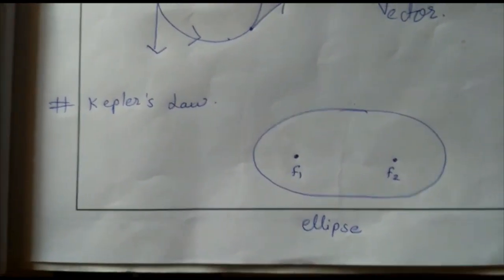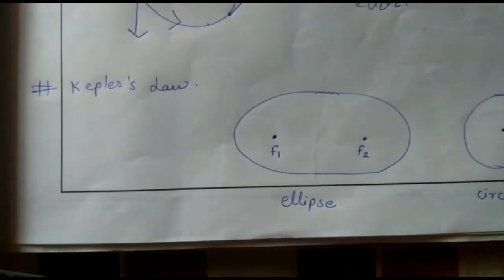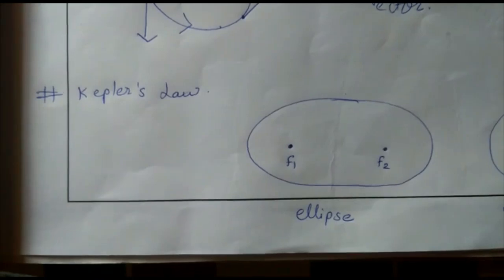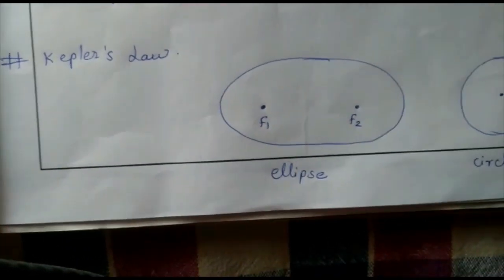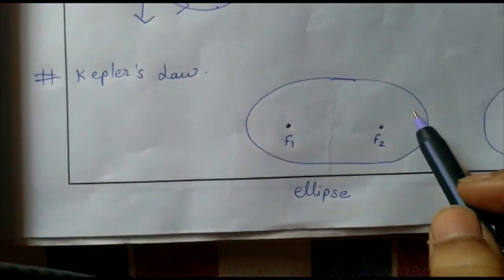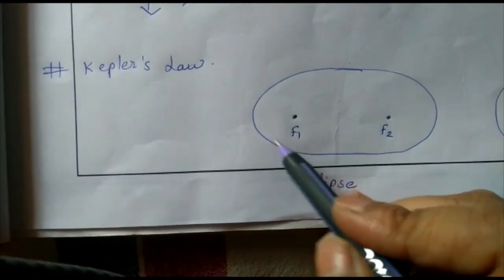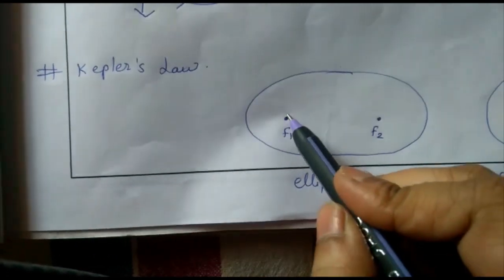Now we will start with Kepler's law. Kepler is one of the scientists who gave the laws of planetary motion, his three laws. First, to start with Kepler's law, we will start with an ellipse. What is this? An ellipse consists of two foci.